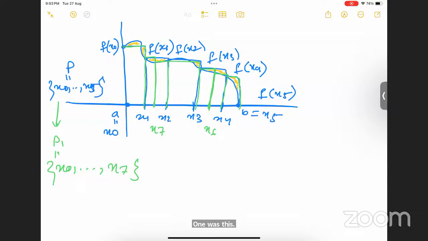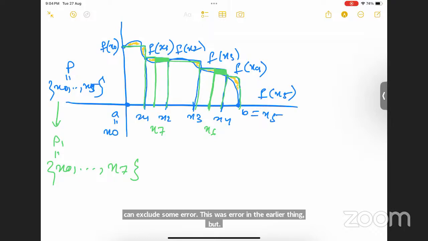Here we can note that this was the error portion earlier, which is no more an error right now. This green shaded one, we can exclude from the error.